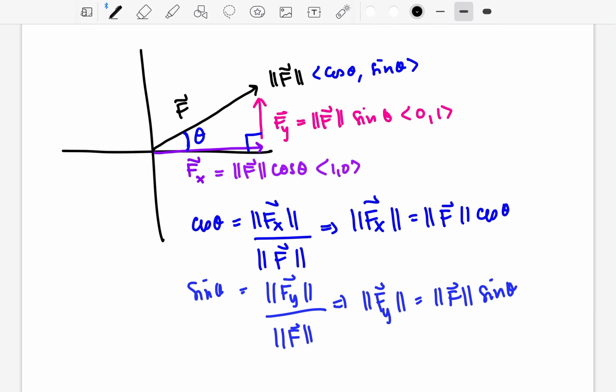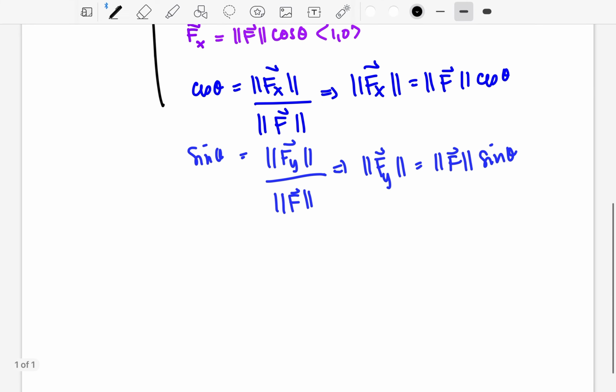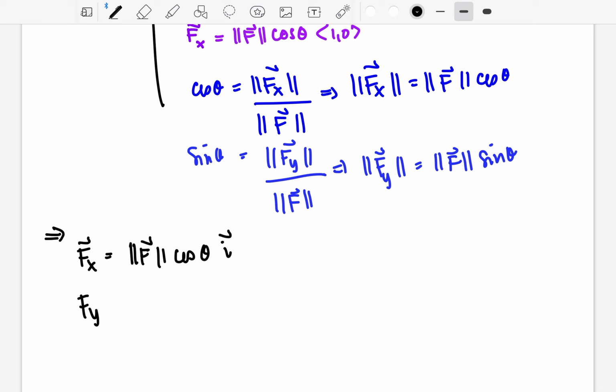So we can also say that the horizontal component, or the x component, is equal to the magnitude of F cosine theta i. And the vertical component, or the y component, is equal to the magnitude of F sine theta j, okay?